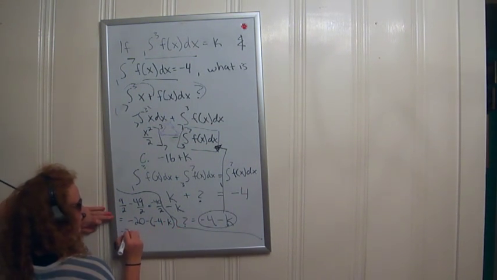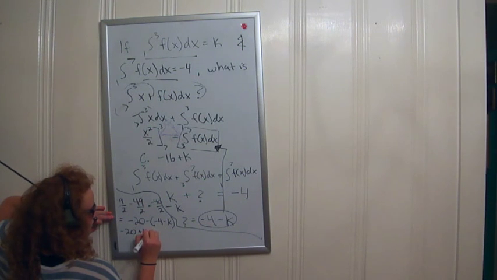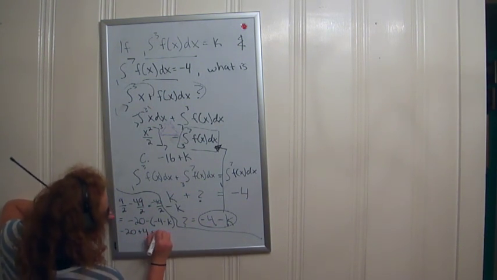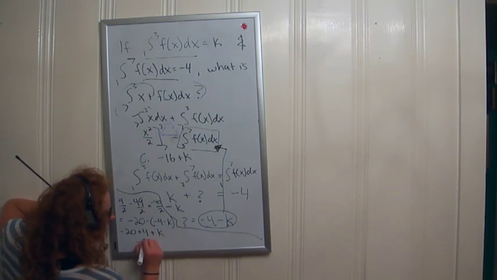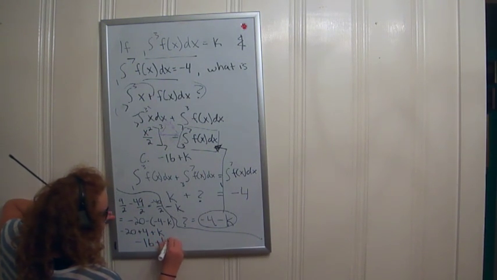Distributing that negative, we get -20 plus 4 plus k, and our answer is -16 plus k.